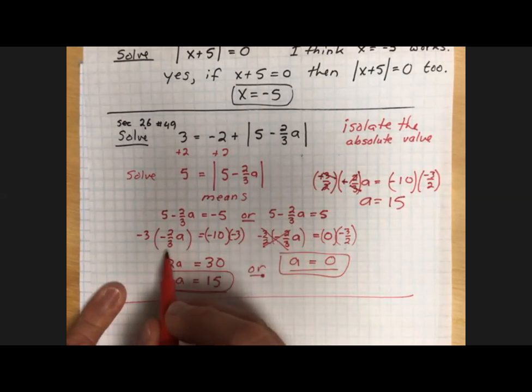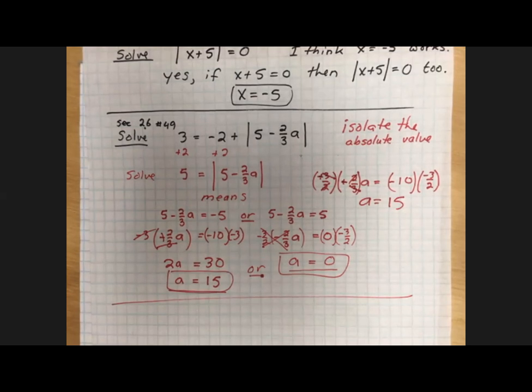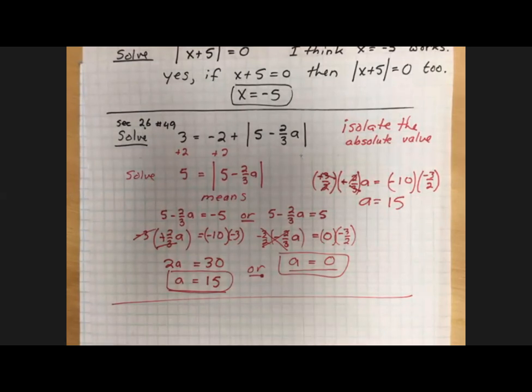On the other side, I said, oh, let me multiply both sides by -3 to get rid of that minus and 3. Now I just have a 2. Now I will divide both sides by 2. So what I said when I was doing that, if you want to do it in 1 step, as long as you do it correctly, we're okay with that.